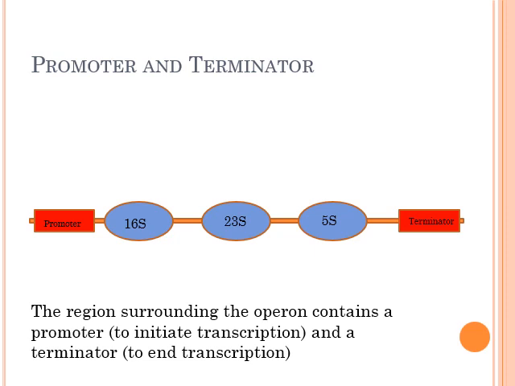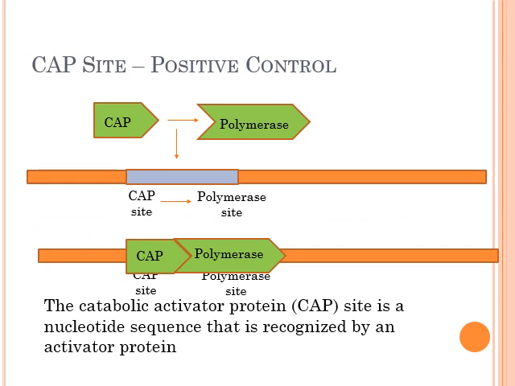The promoter and the terminator you guys should get. The promoter initiates transcription, the terminator ends it. You have a CAP site, which is where you're going to have a catabolite activator protein that's going to be recognized to make this go faster. It's going to recruit the polymerase.